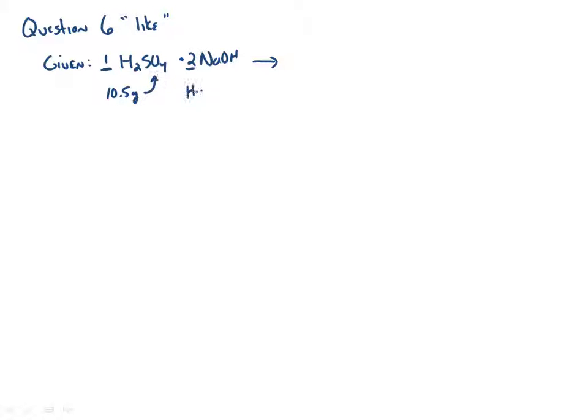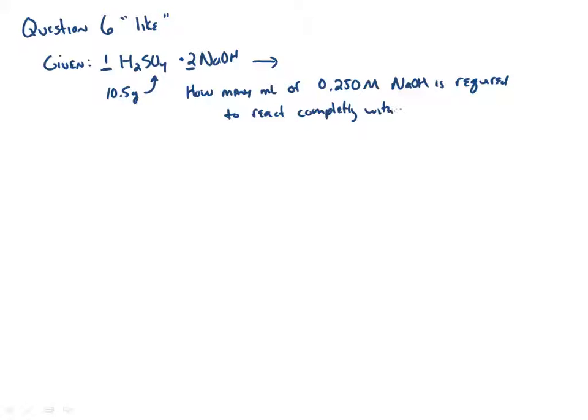And then the question says, how many milliliters of 0.250 molar NaOH is required to react completely with H2SO4. So what we said is, and maybe I'll go on to a new slide just to put some of these details down, but I see people are still writing the question down.